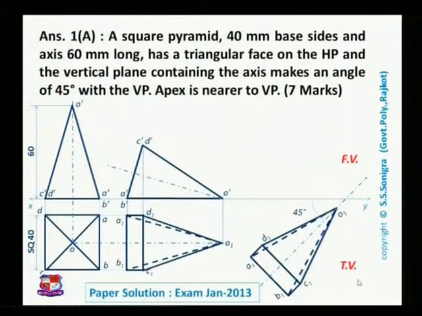You can use the method of arc, put arcs, measure arcs from here, put it over here, you can redraw. After redrawing this top view, our objective is to draw this front view. The problem is asked for 7 marks, so 1 mark for each figure, and 2 marks for the last figure.